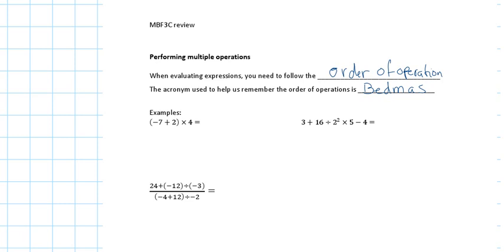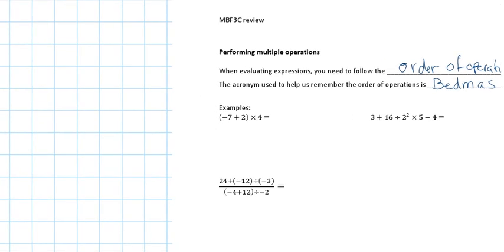That's correct. Okay, so this is an acronym that we follow here. B stands for brackets. So you're going to have to simplify inside the brackets first. If you have brackets and you have things inside of it, you have to do the operation inside the brackets first. Then you're going to have to do your exponents.